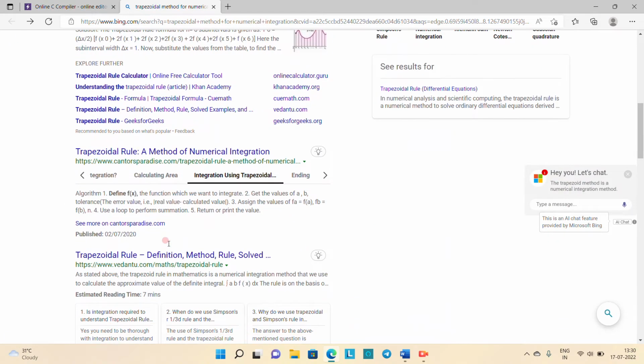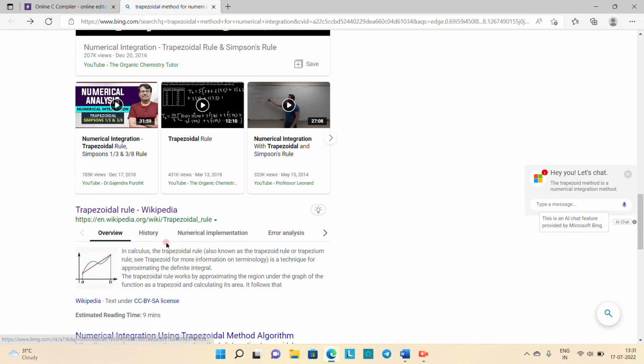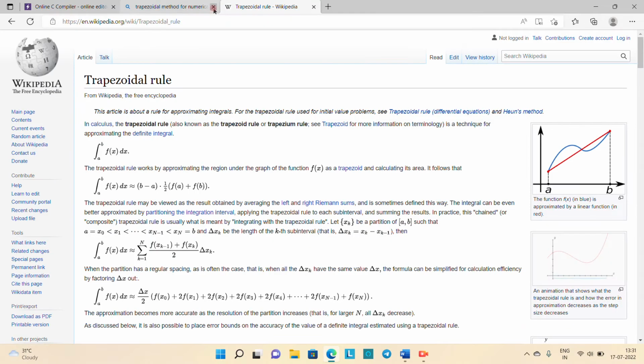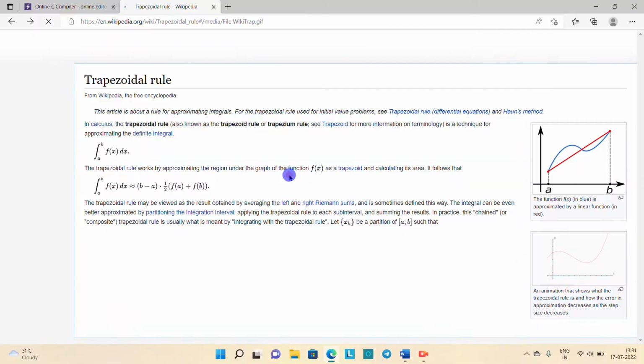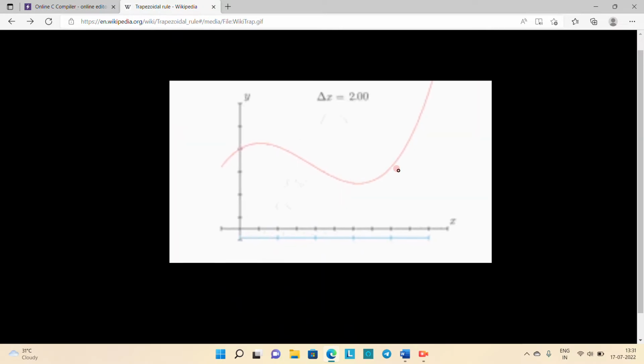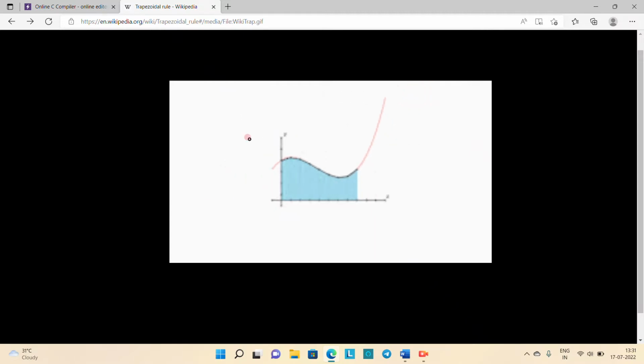Let me zoom in so that you can see it very clearly. Look, if we are doing the integration from a to b, let this be b and this be a, the integration means the area covered by this curve from a to b.